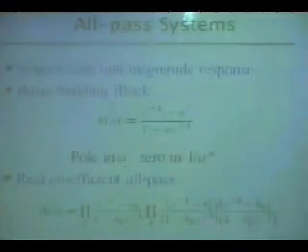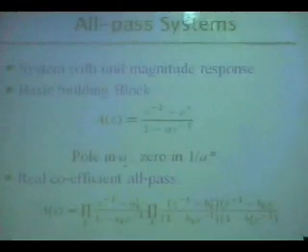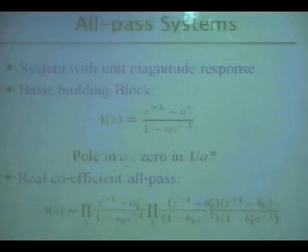So all pass systems again are easy to understand. They may be a single pole single zero system or a multiple pole multiple zero system, but every pole of an all pass system will have an accompanying 0, and that will make the total response equal to 1. Remember, the pole vector and 0 vector make sure that it is always 1.